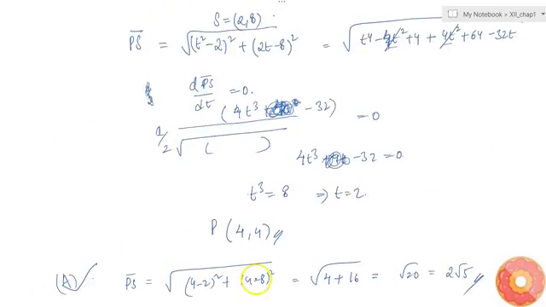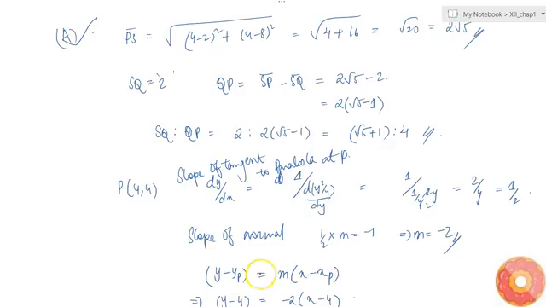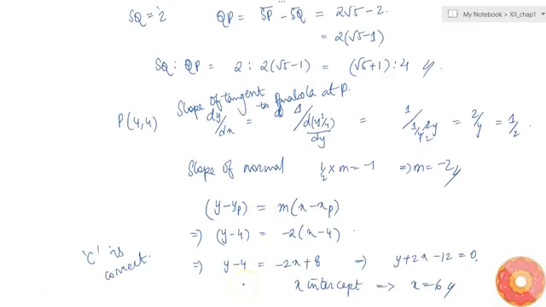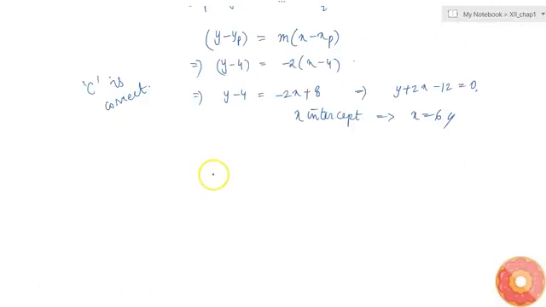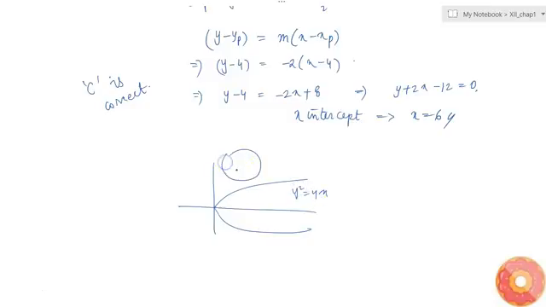Now finally we need to find the slope of the tangent to the circle at Q. Let's draw the graph to understand this. There is this parabola like this, y square equal to 4x, and there is a circle with center S, and we know that this is the shortest distance.